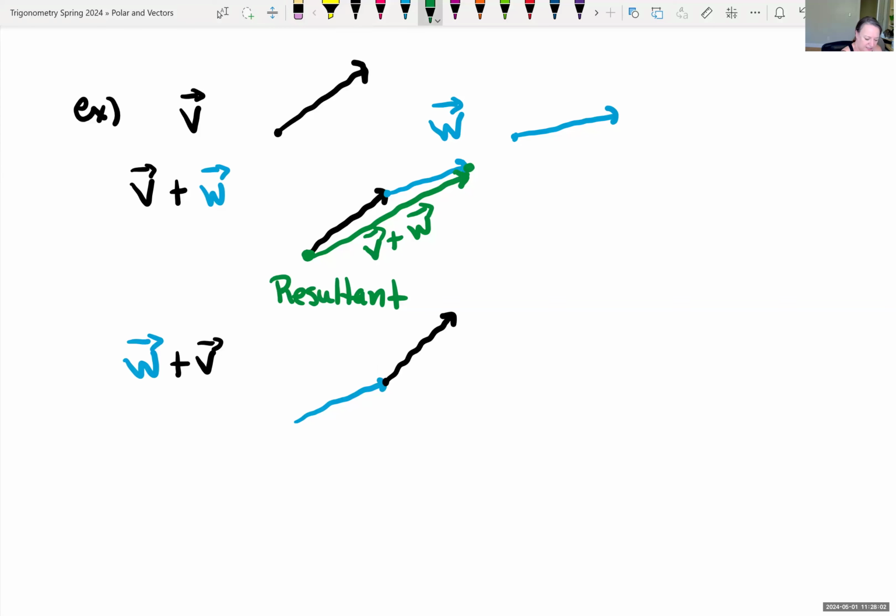And this resultant is going to be the same. So this is going to give us the same results.